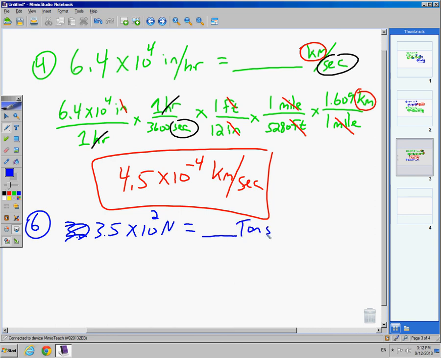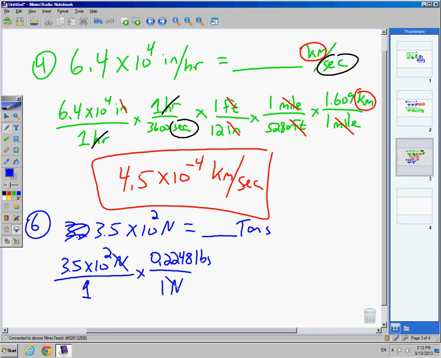And that is an English system ton. We know that 3.5 times 10 to the 2 newtons over 1. I'm now looking for a conversion from newtons into something else. I know that I can convert newtons into pounds. 1 newton is equal to 0.2248 pounds.